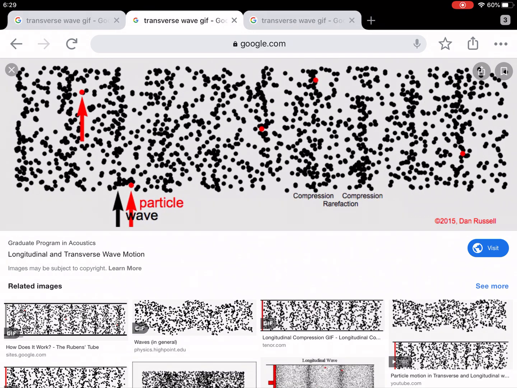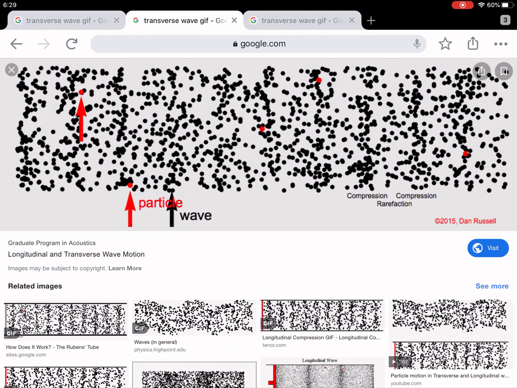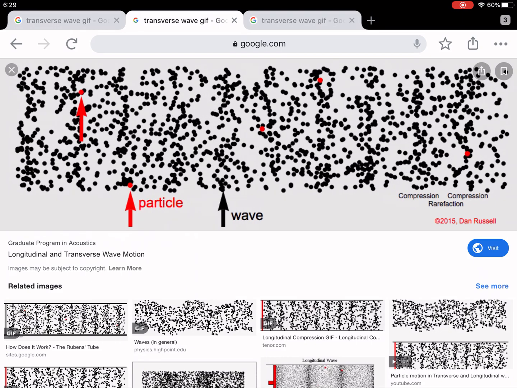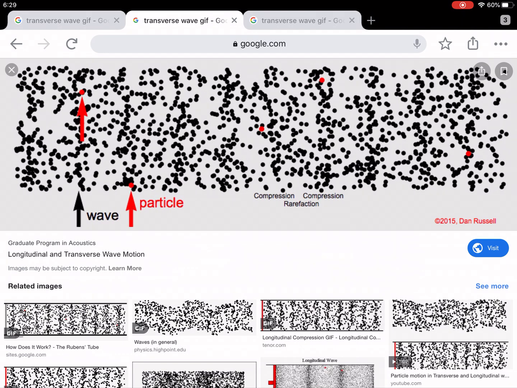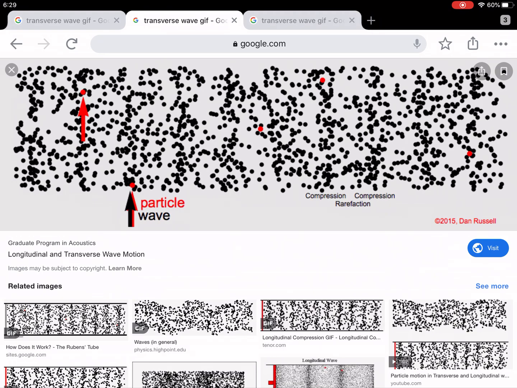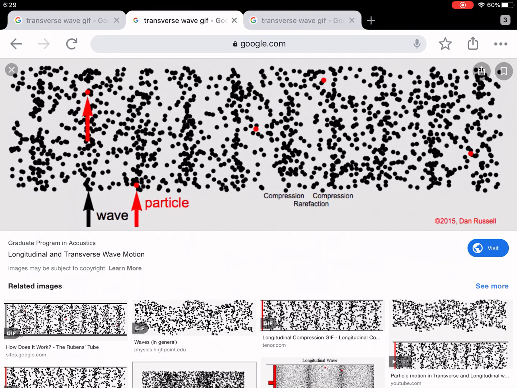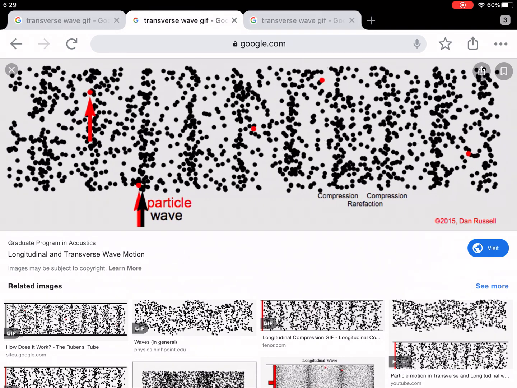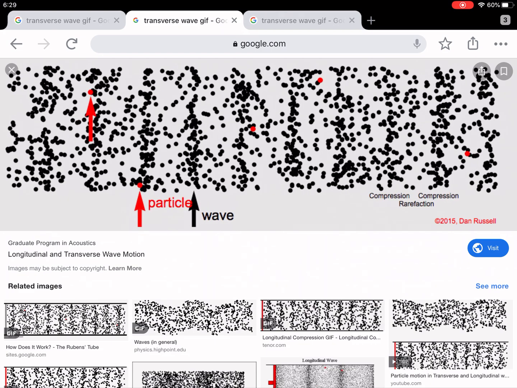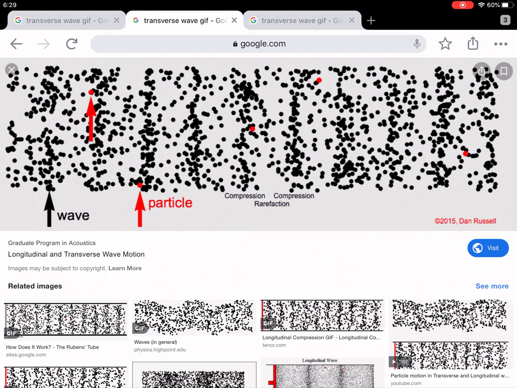So the particles are moving back and forth, right and left. And the wave is also moving to the right. And if you're not looking at the arrows, it's easy to feel like the medium is actually moving to the right, but it's not.